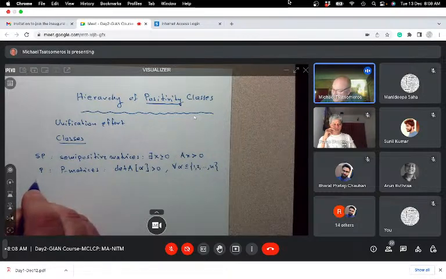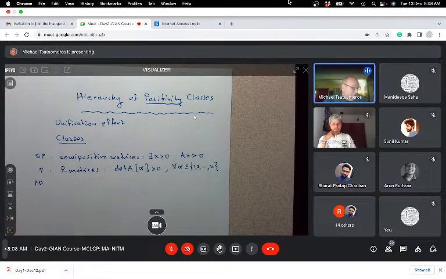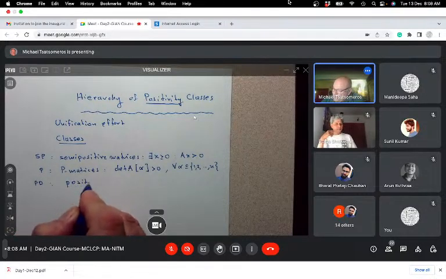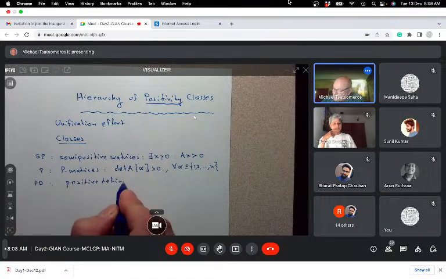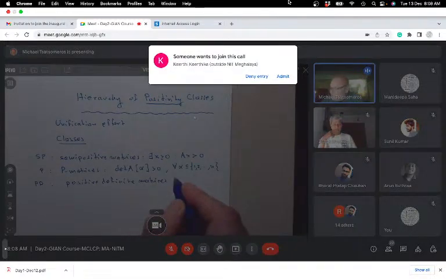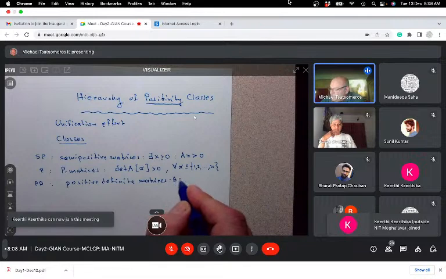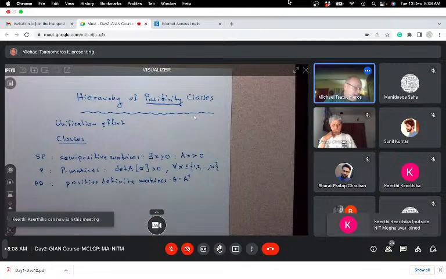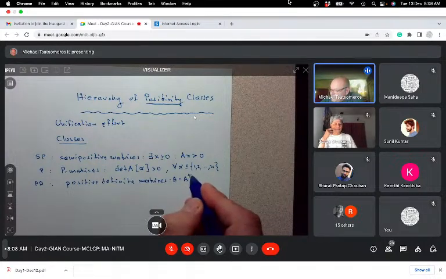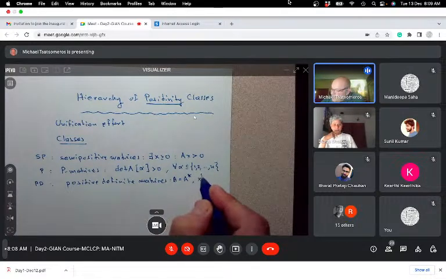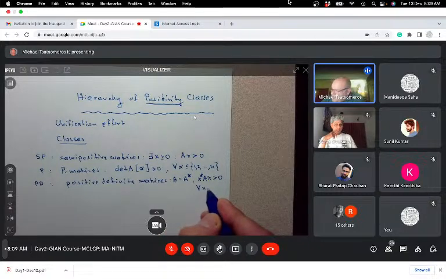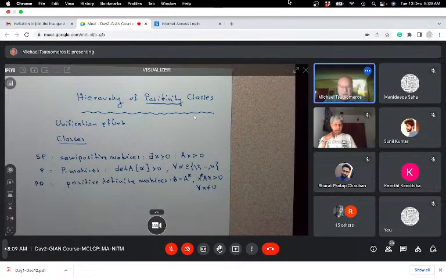Now, another famous class, I will call it here locally PD for positive definite matrices. Of course, built in here is that they are symmetric, or Hermitian if you want, and actually, why not use Hermitian, and x star Ax is positive for all x that are different than 0 in Cn.